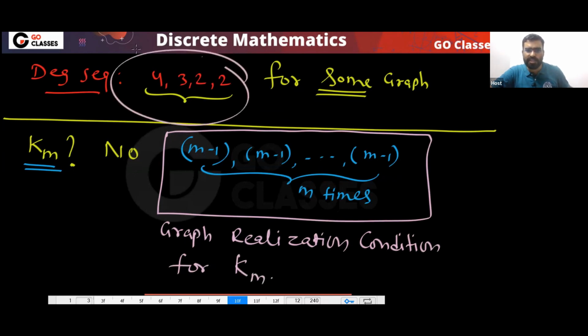With this degree sequence 4, 3, 2, 2, can you create a complete graph? The answer is no. If this condition is satisfied, then you can create a complete graph, and if it is not satisfied, then you cannot get a complete graph.